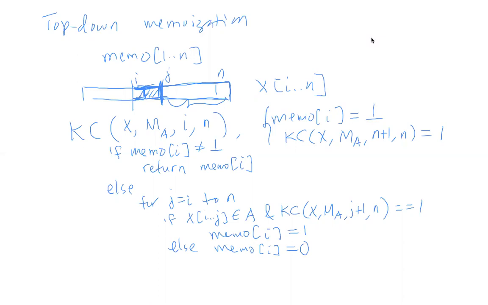So that means that if you cannot find such a j such that this is the case, this is a return.